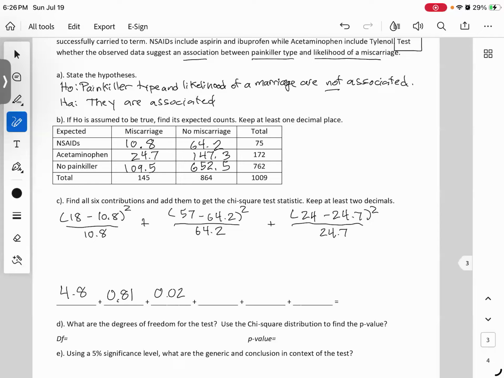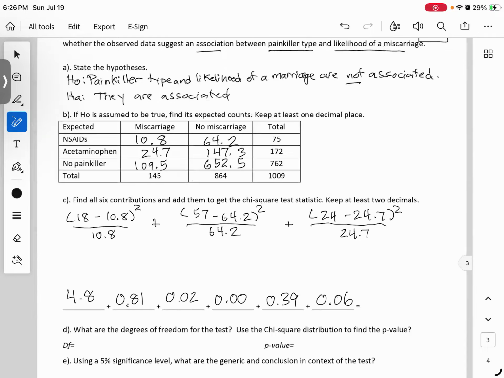Now I'm going to go ahead and write all six of them. Again, you don't need to unless you feel like you need a little more practice. These should be all six values that we get from repeating the formula for all six of the pairings.